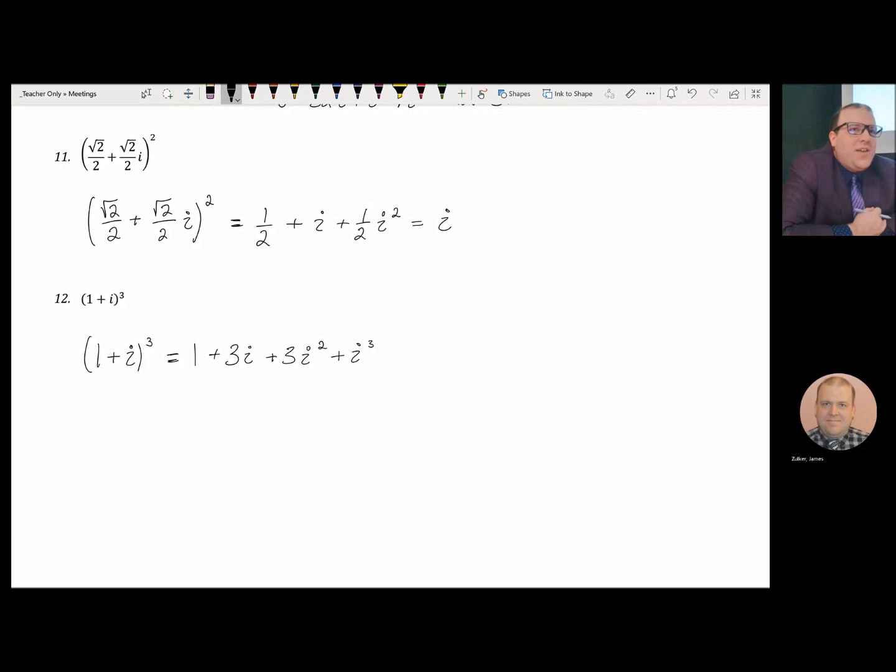Way back, first day, Pascal's triangle. Now it's just a matter of simplifying this. 1 plus 3i squared, minus 2, 3i plus i cubed, plus 2i. And there's 1 plus i cubed.